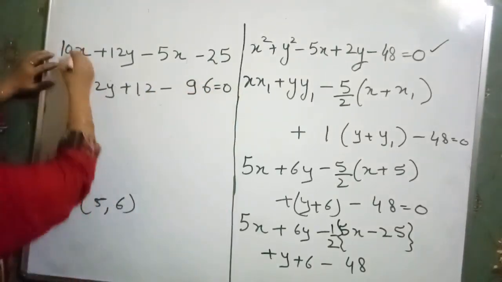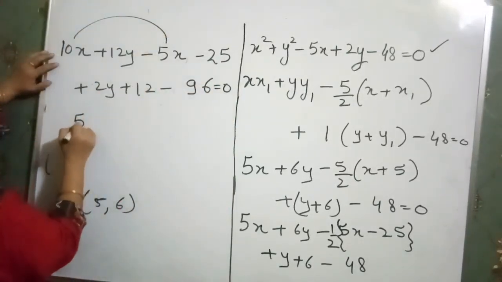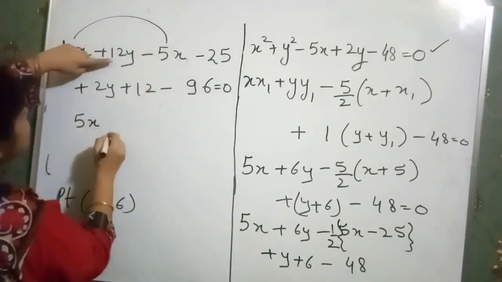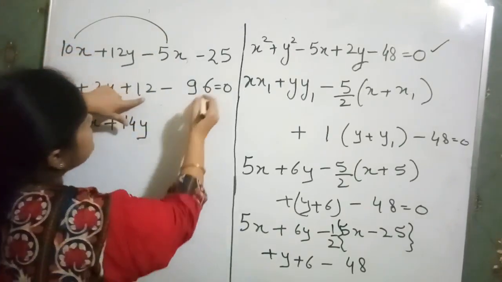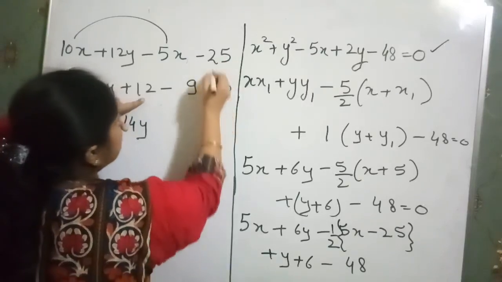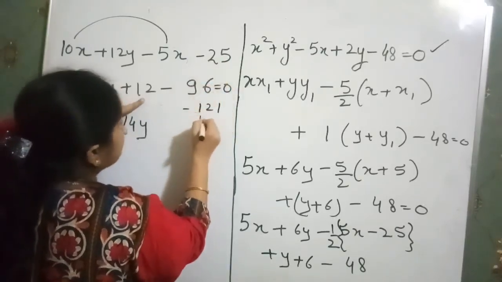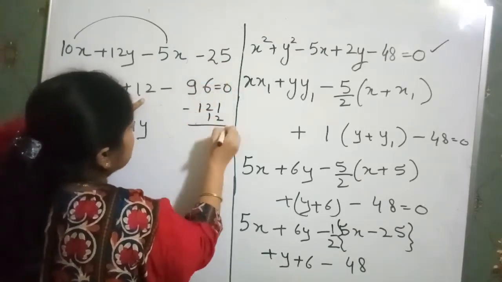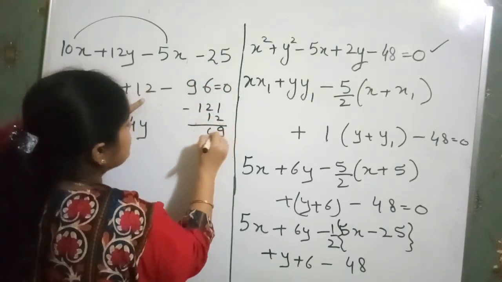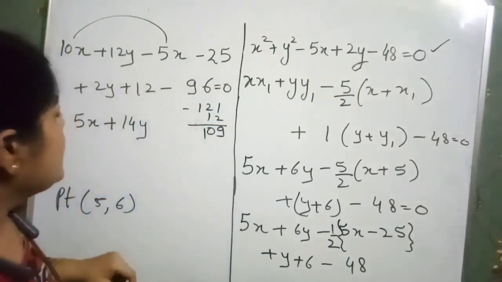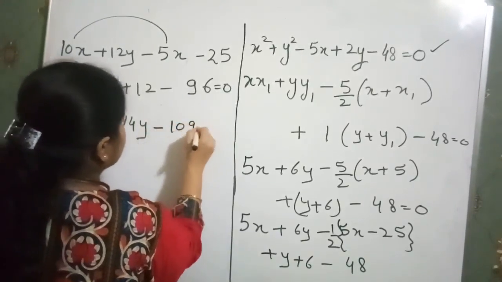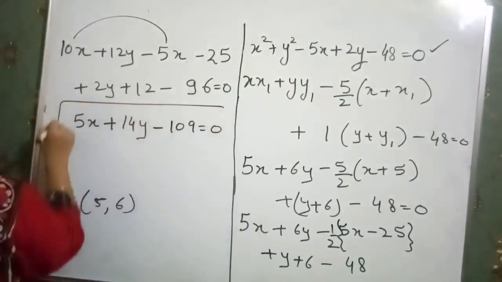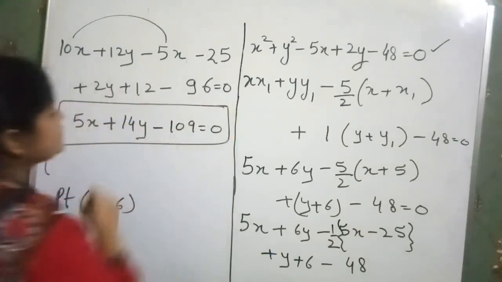Now solve the equation. It is 10x minus 5x is 5x, this is 14y, and the constants: minus 25 plus 12 minus 96 is minus 109. So we have 5x plus 14y minus 109 is equal to 0. So this is the equation of the tangent.